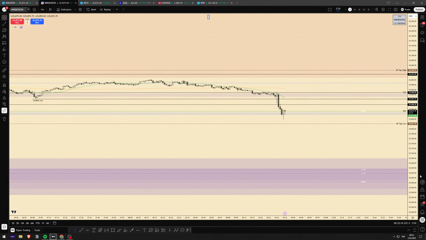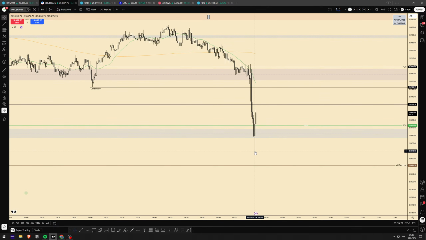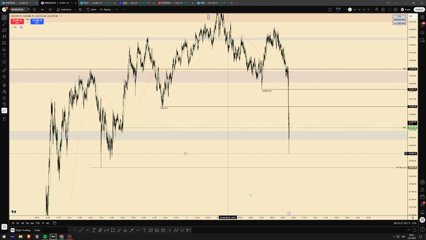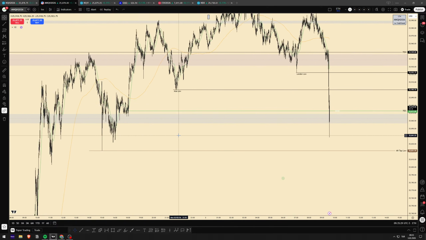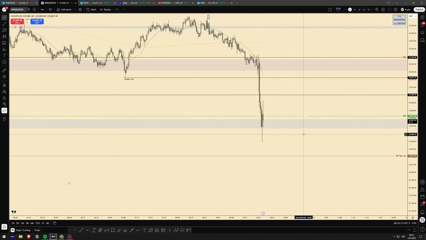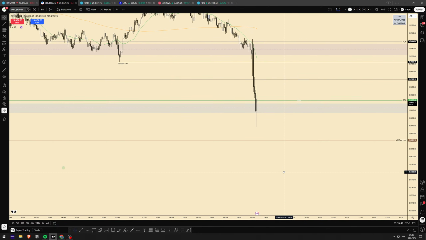Also, there is another reason why I am currently staying on the sidelines. First of all, I don't like to use these past levels as entry. I want to use the setup as an order flow entry pattern.